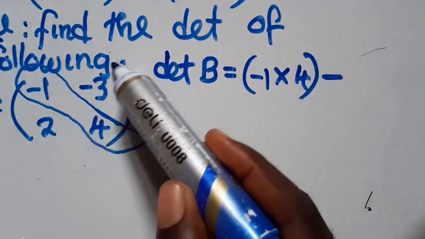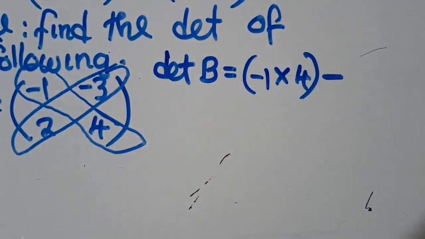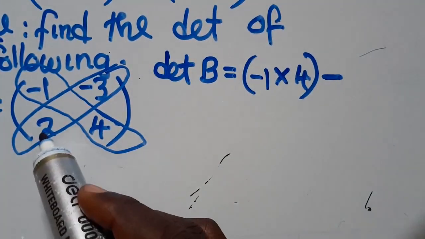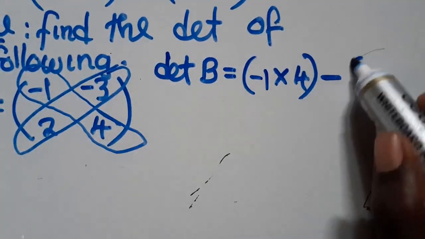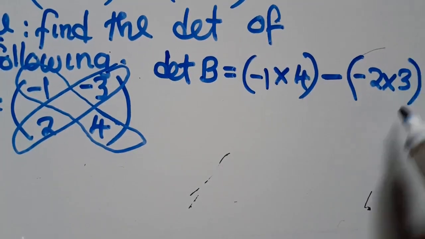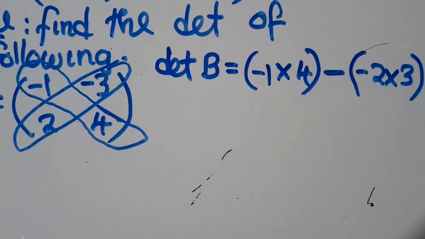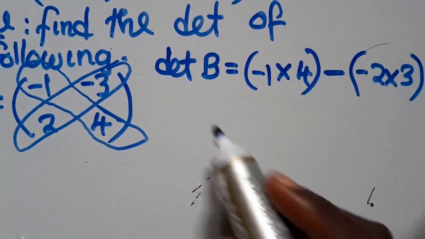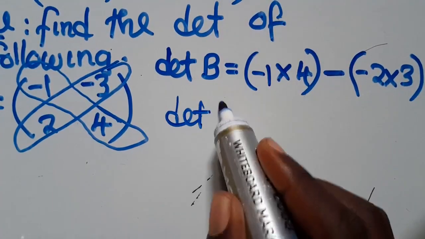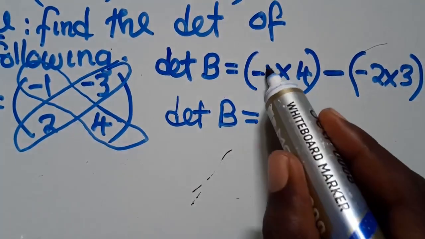What's there in the minor diagonal? We've got 2 and -3. So you say open bracket, 2 times -3. Then you cross. This is the method that you need to use. So determinant of B is equal to, what is -1 times 4?